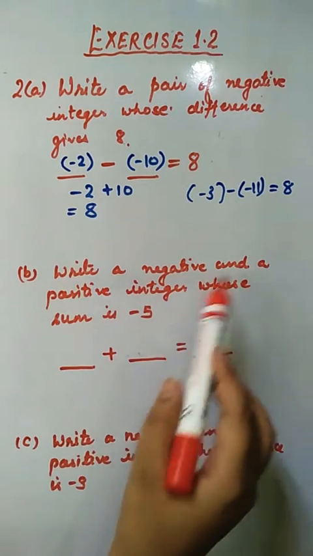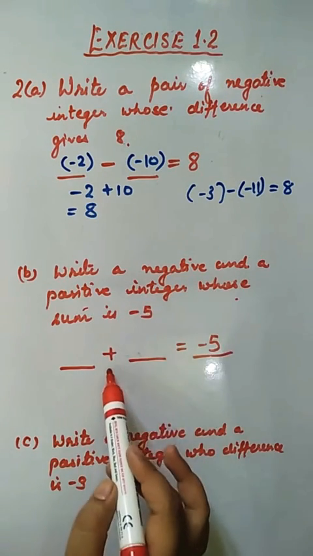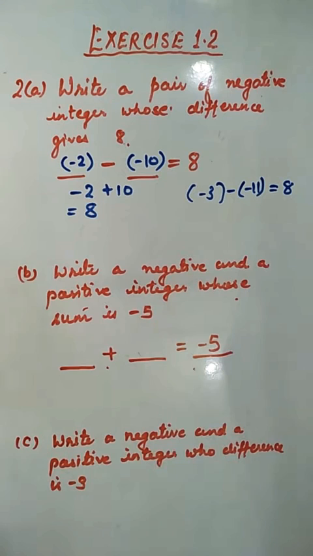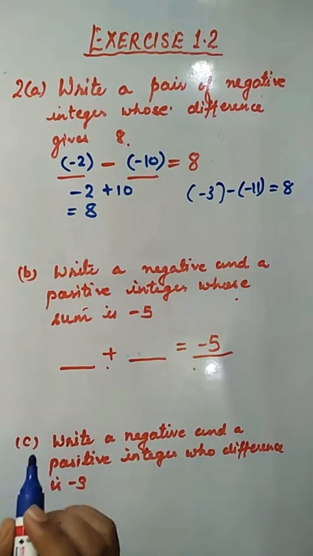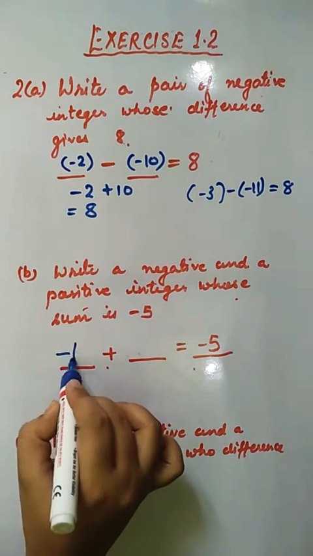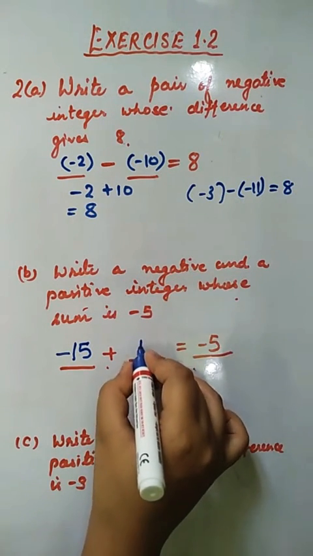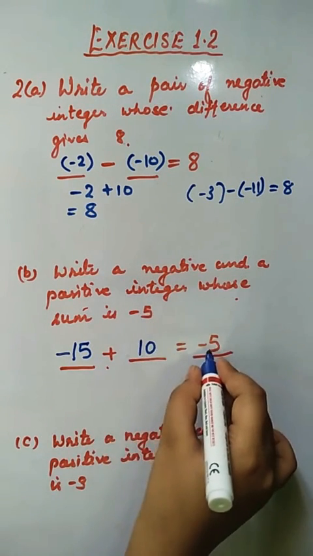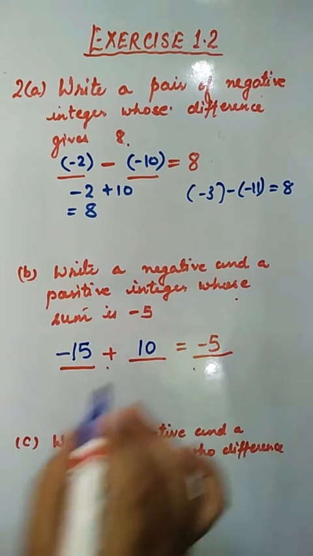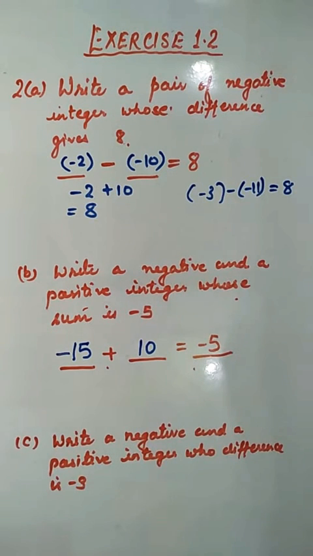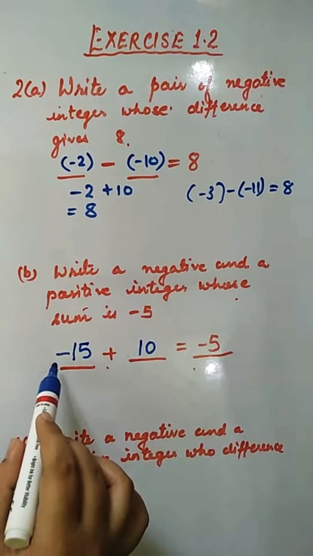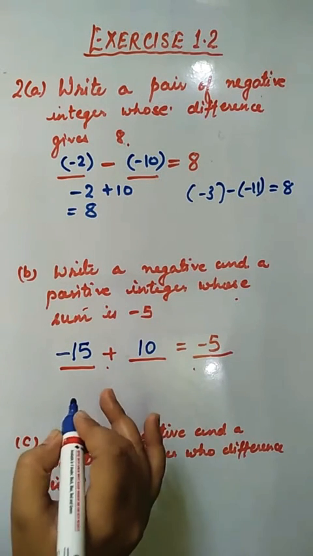So I am taking -15 as the negative, and a positive, because the answer is coming in negative sign, with the negative sign. That is why the bigger number should have the negative sign. Many more you can write.